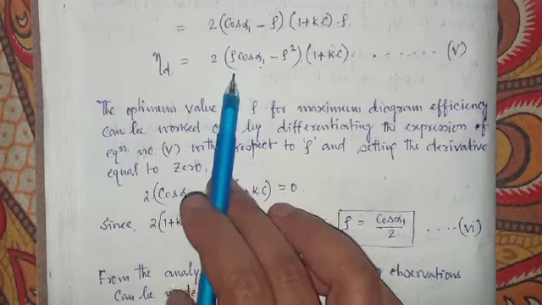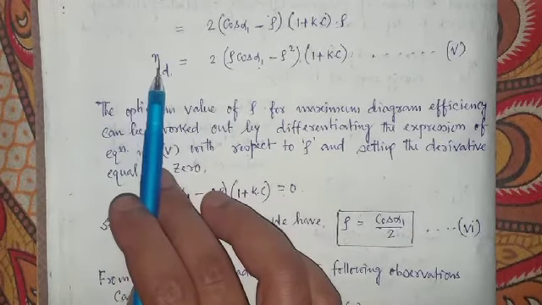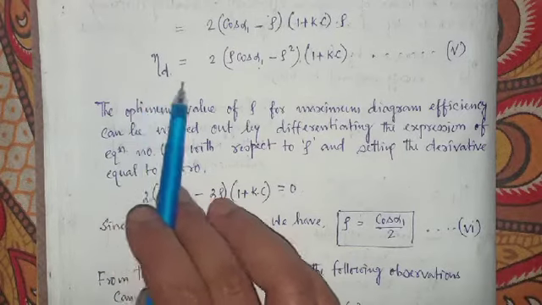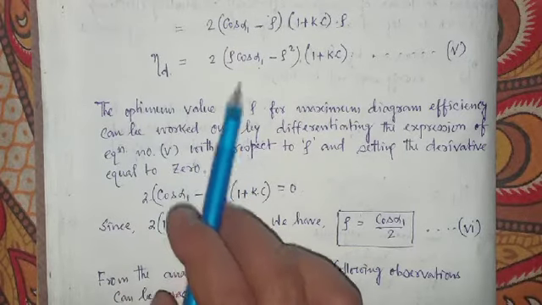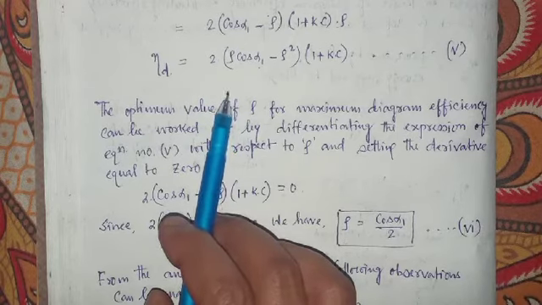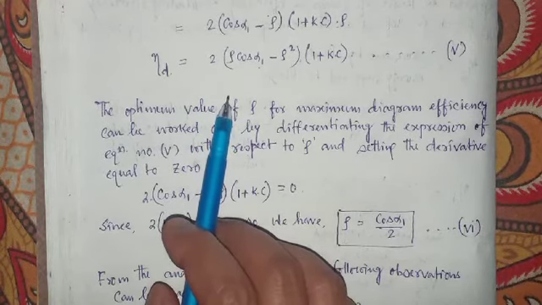So d of efficiency of blading with respect to d rho will be equal to 0, and then we can say the diagram efficiency will be maximum.